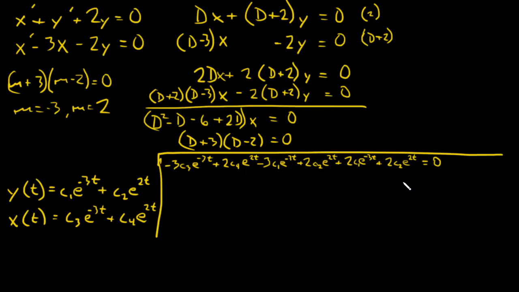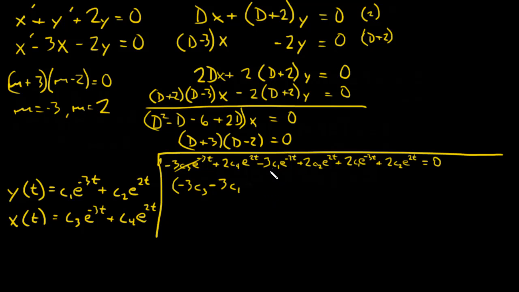So let's see. I'm going to gather up all of my e to the negative 3t's first. So this is going to be negative 3 c3, that term's gone. There it is right there. I couldn't find the next negative 3t. Minus 3c1.